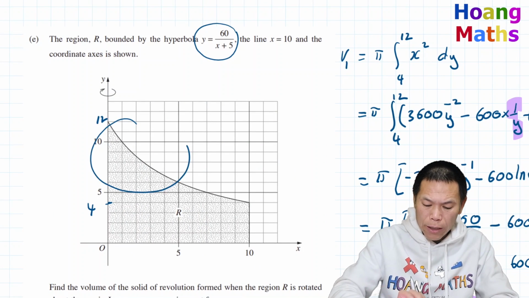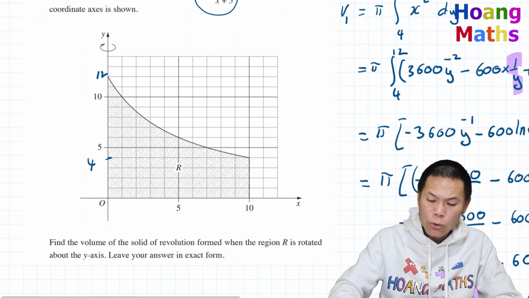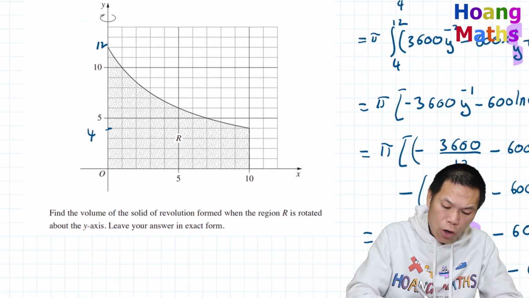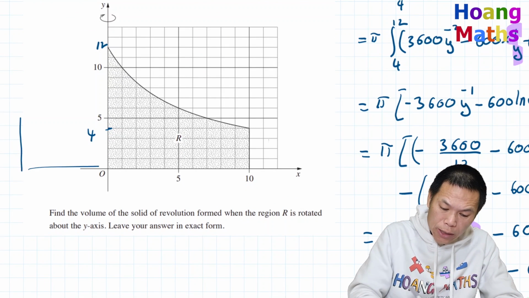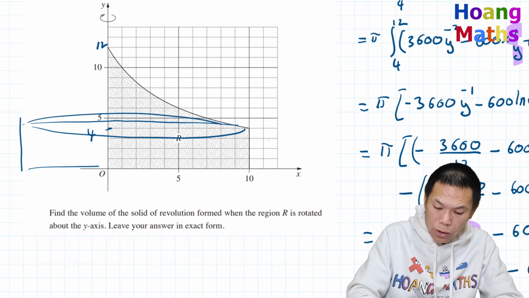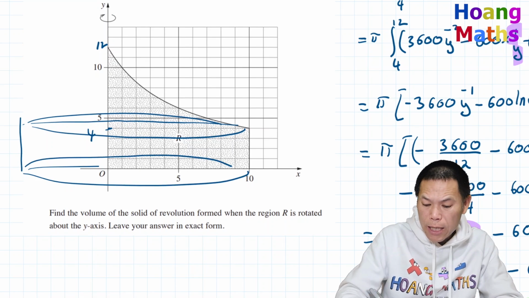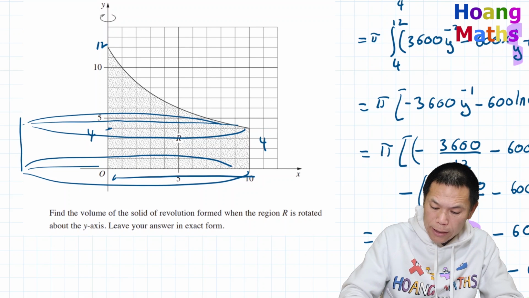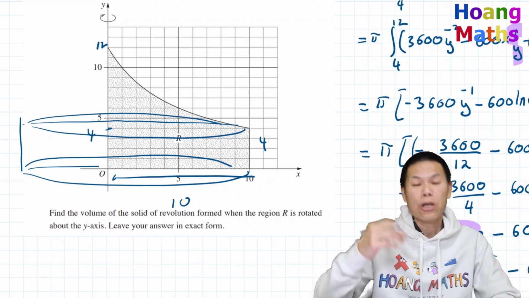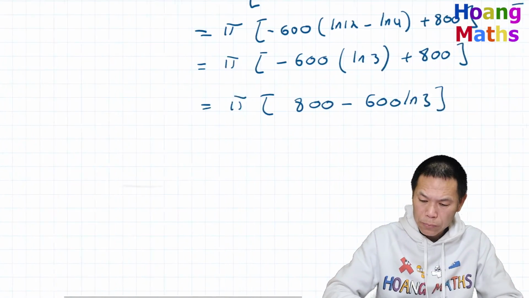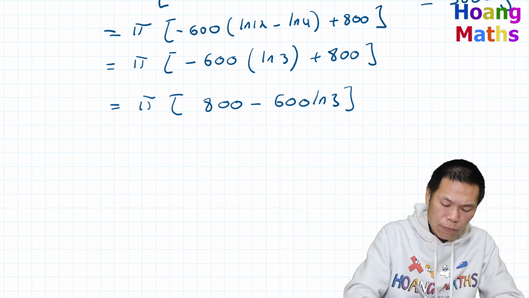But then we need to find the volume of x equal to 10, rotated about the y-axis. So that is the volume of a cylinder, if you like. So it's like this. The height is 4, and the radius is 10. We can simply use the formula. Let me write on here, V2, that is V1.